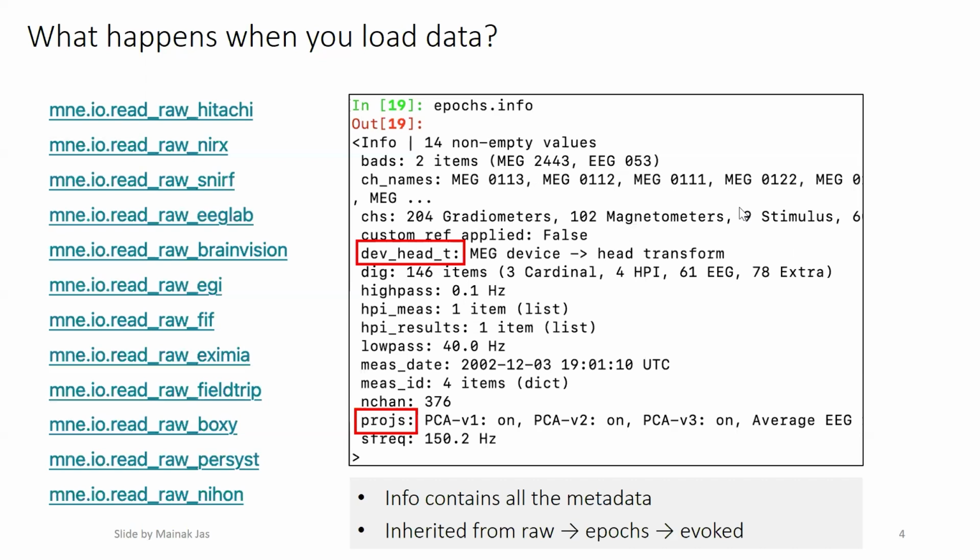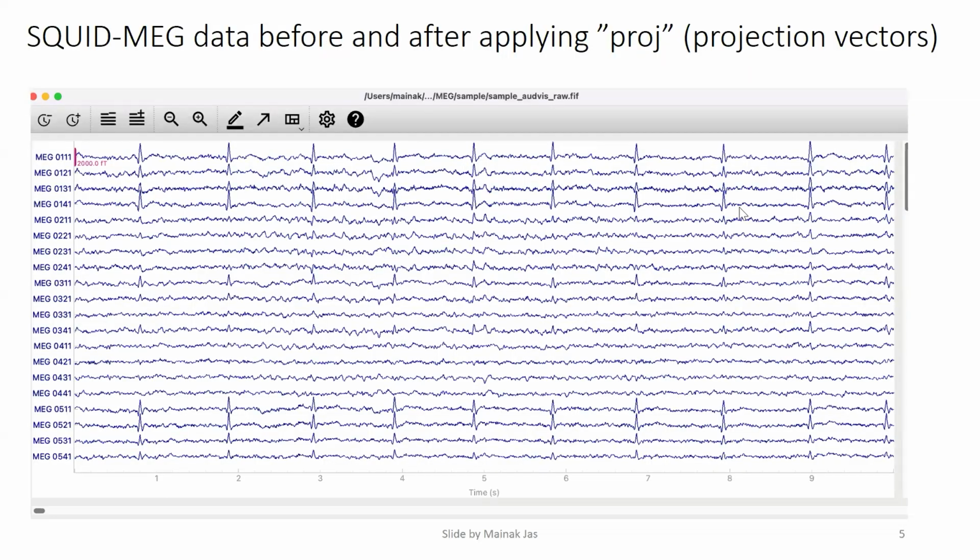When you load in some SQUID MEG data, you look at the data and it looks really nice. You see some cardiac events in the data. So the data is pretty clean, but it's punctuated by some cardiac events, and you think, oh, MEG data processing is really easy.